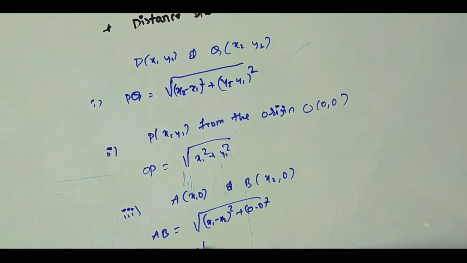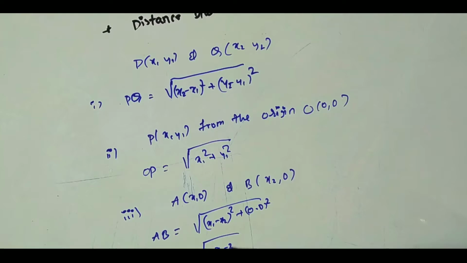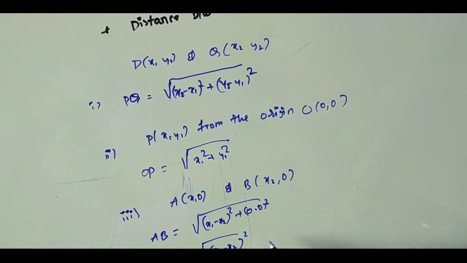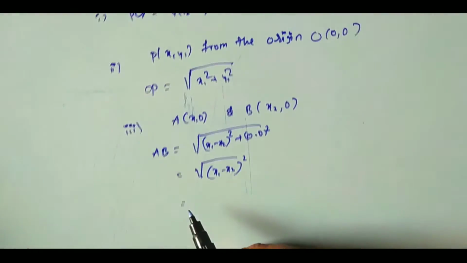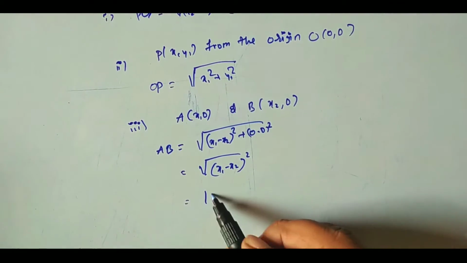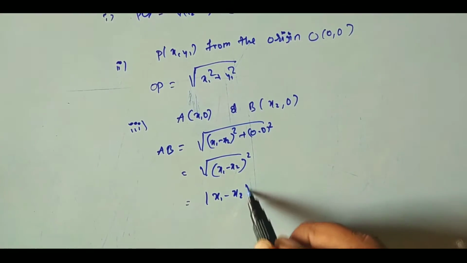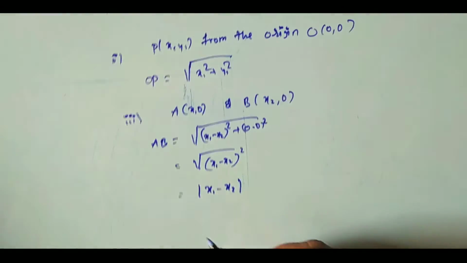So this is equal to under root x1 minus x2 whole square. Finally we consider it as mod x1 minus x2. Okay, this is the third formula.